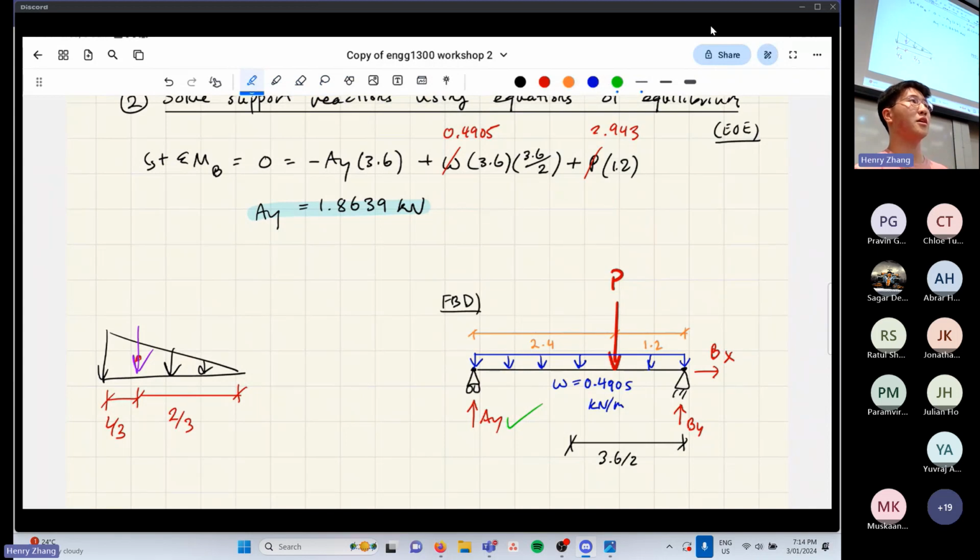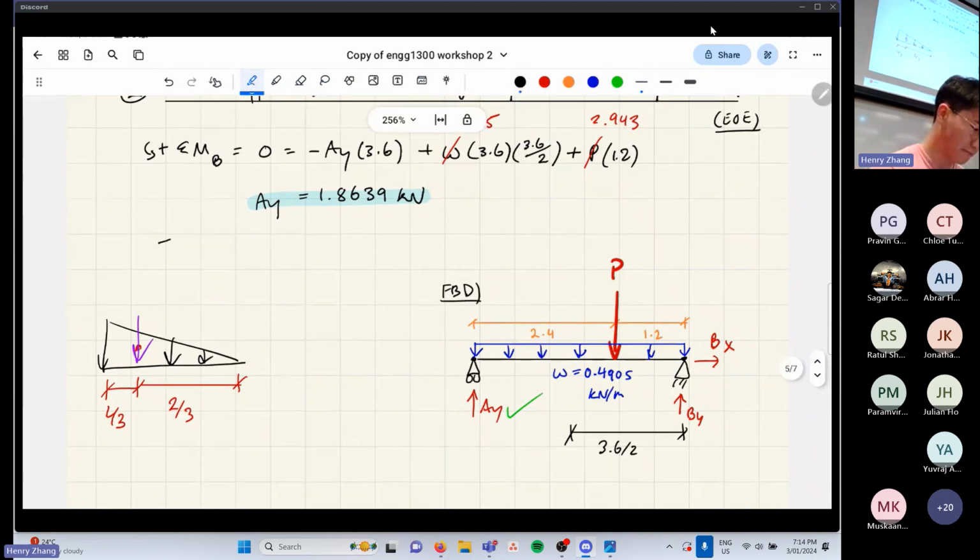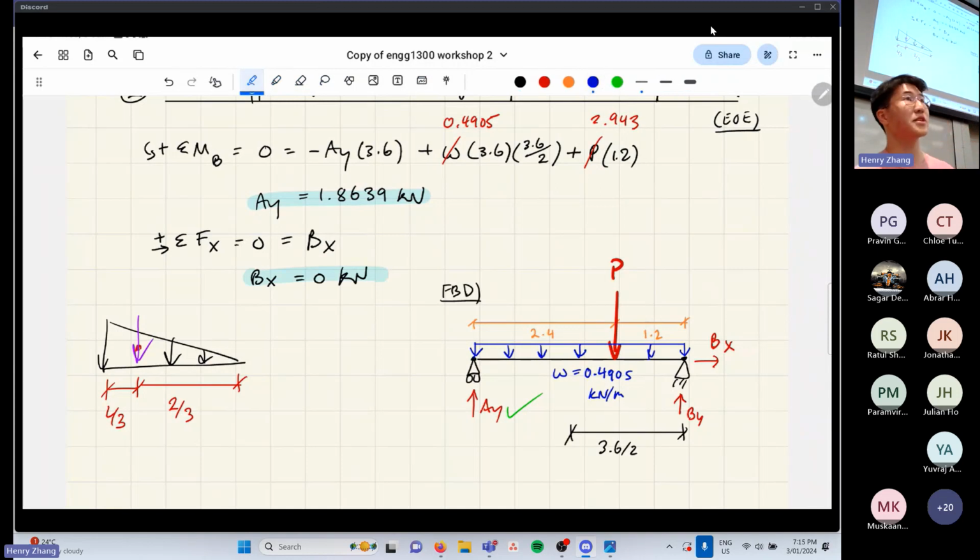There's no horizontal external forces, and therefore we already know that the support reaction at BX is going to be 0, but I'll do the calc for that anyway. Yeah, so this would be a different story if we had a diagonal load like that, right? If it was a diagonal load, then there would be some horizontal reaction that's resisting it, right? But that's not the case.